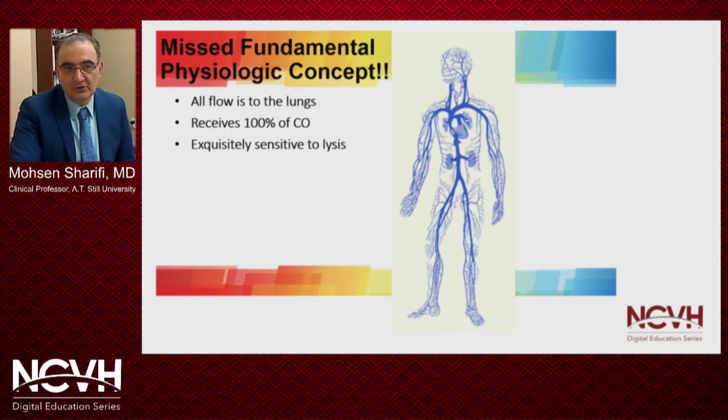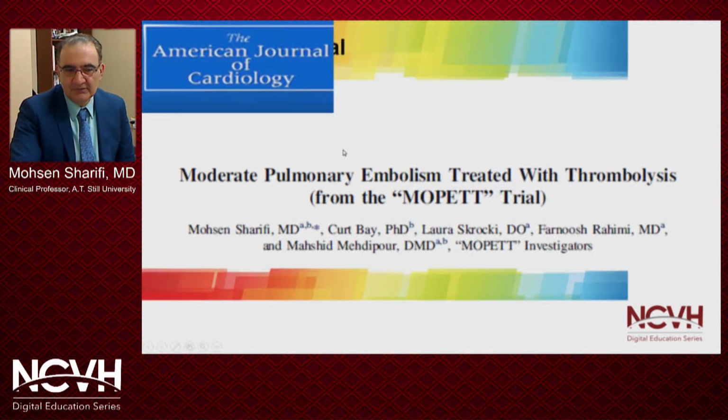However, you should lower the dose. The lungs are therefore exquisitely sensitive to thrombolysis because they receive the entire cardiac output and hence the entire amounts of those TPA molecules. You don't see that in the lower extremity venous circulation. You don't see it in the heart, which receives 5% of the cardiac output, or the brain, which receives 15% of the cardiac output.